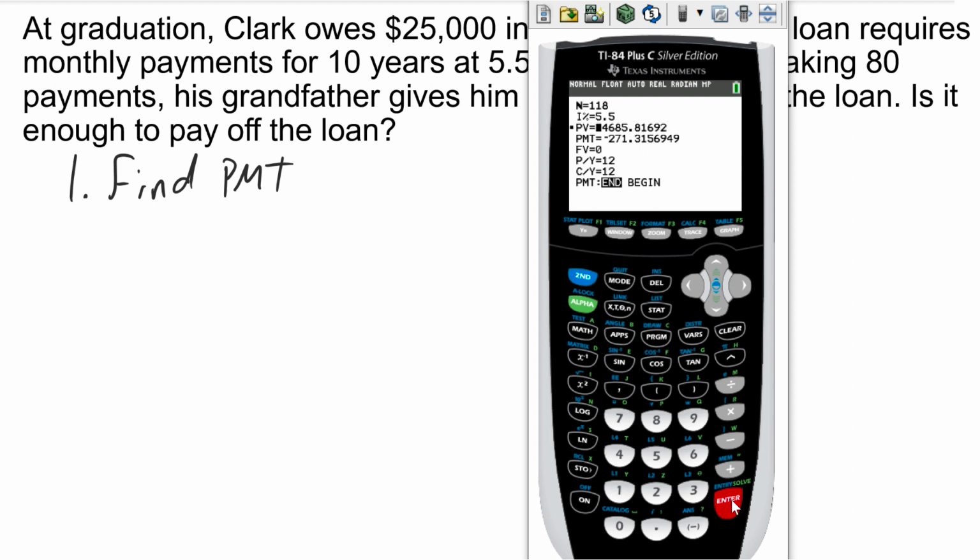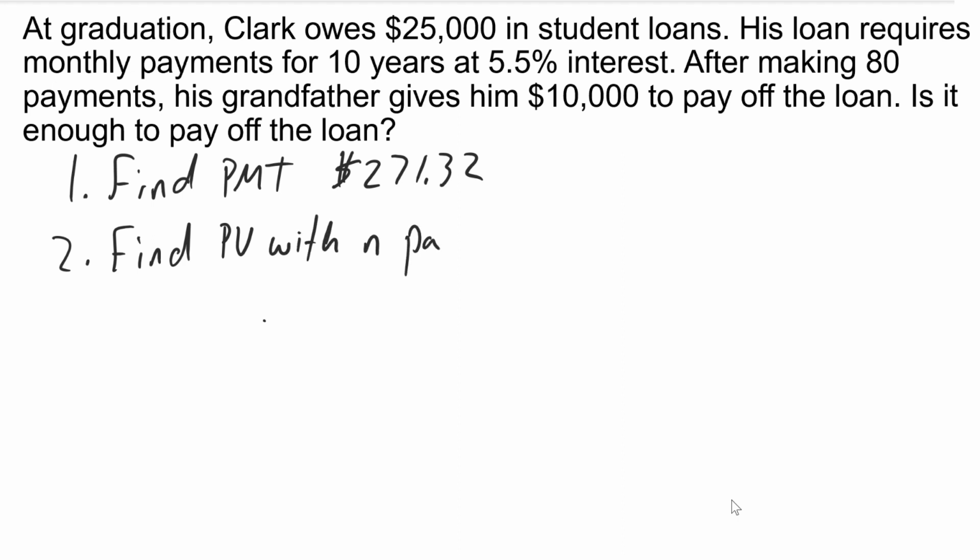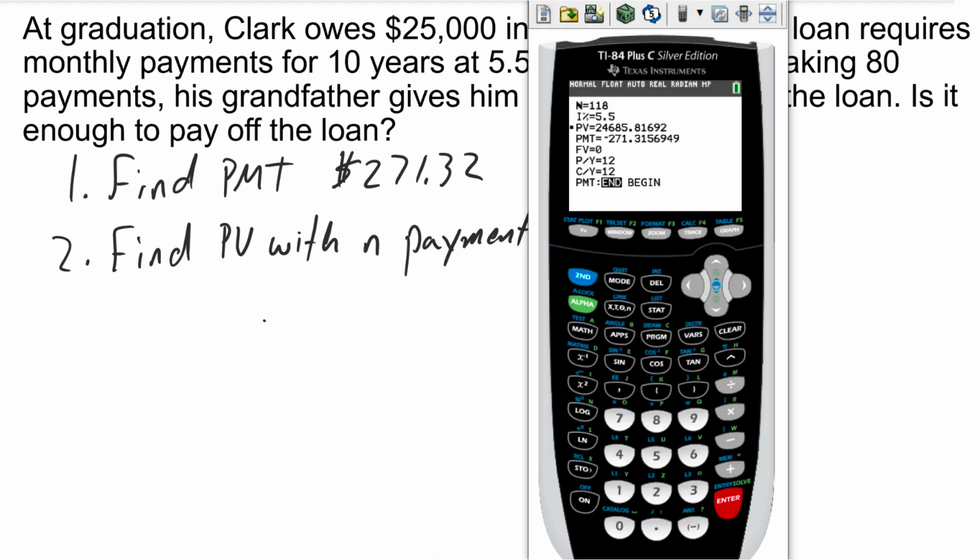So first, let's write down our payment, $271.32. And then write down our second step, which is to find the present value with payments remaining. In this case, since Clark has made 80 of his 120 payments, that means he has 40 payments left.